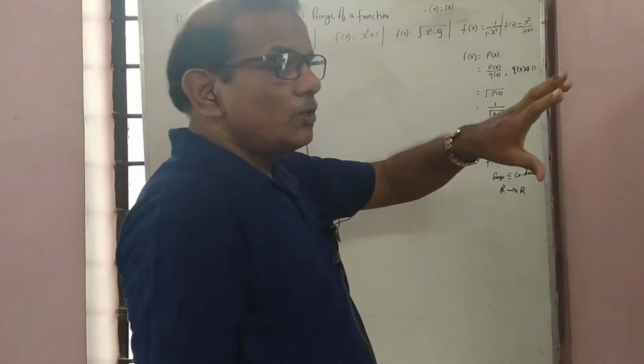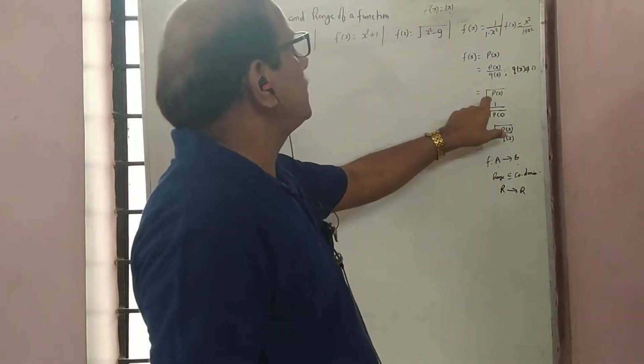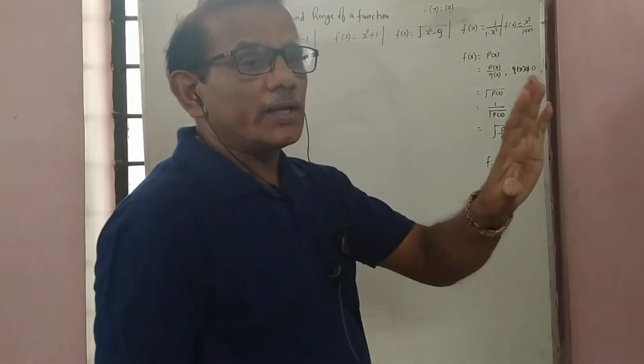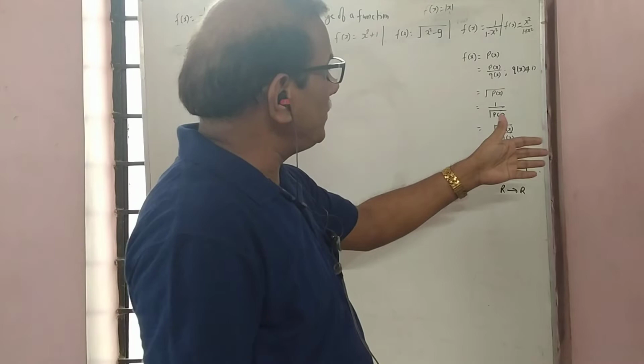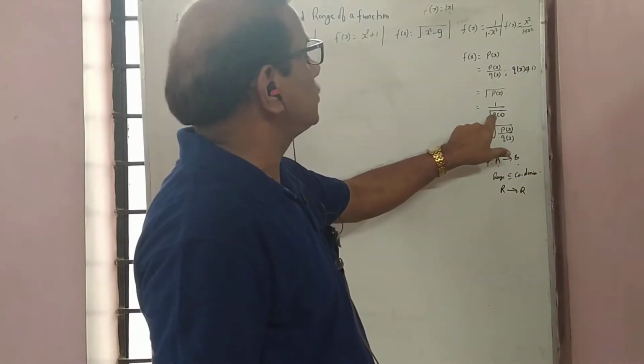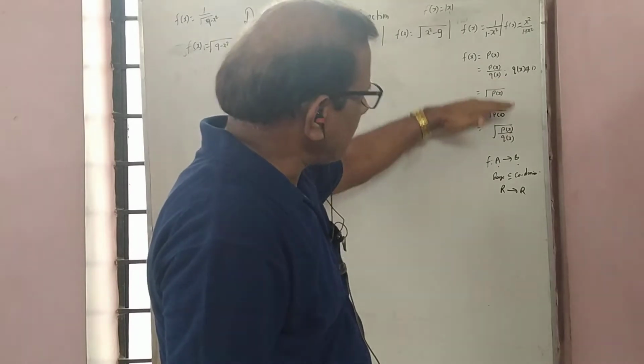Real valued function means imaginary numbers should not be there, so inside the root cannot be negative. And if the root is in the denominator, it cannot be 0. These are the basic types.